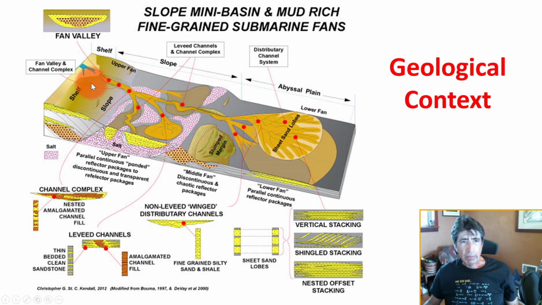Let me just remind you that these are deep or shallow marine deposits that are formed from avalanches of sediment that accumulate on the shelf and the continental slope, triggered by mechanical instabilities when the volume of sediment increases substantially beyond the condition of equilibrium.